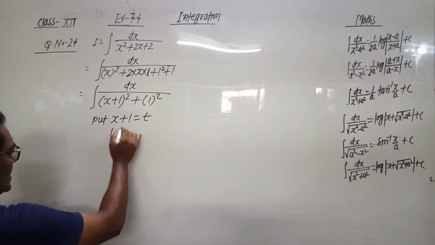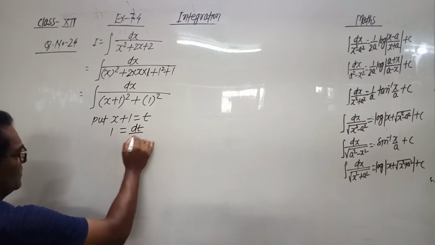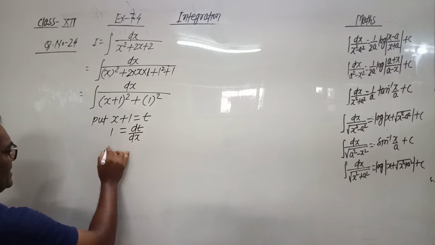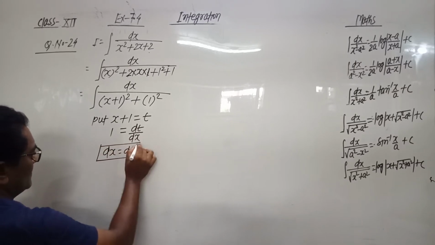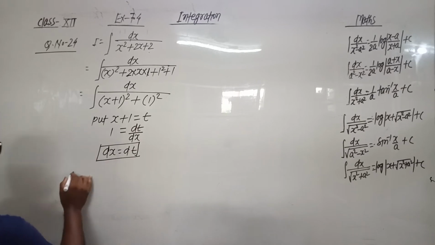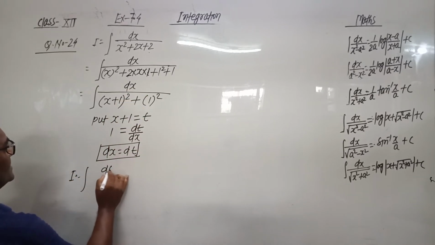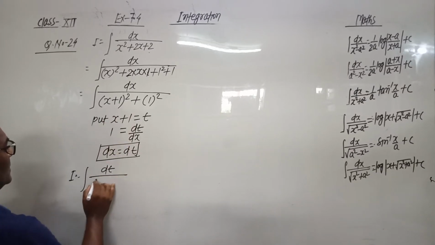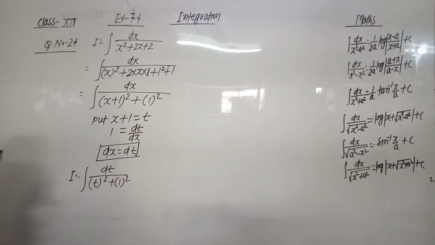Differentiation of x is 1, differentiation of 1 is 0, and differentiation of t is dt by dx. So we get dx equals to dt. Now integration dx is written as dt upon t the whole square plus 1 the whole square.